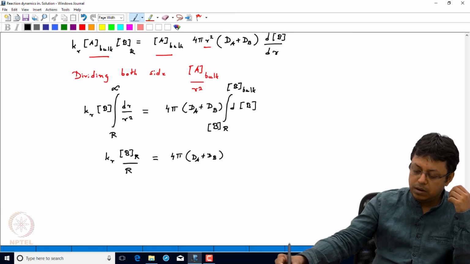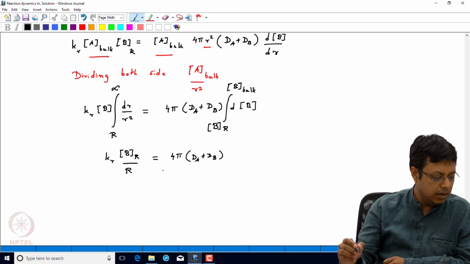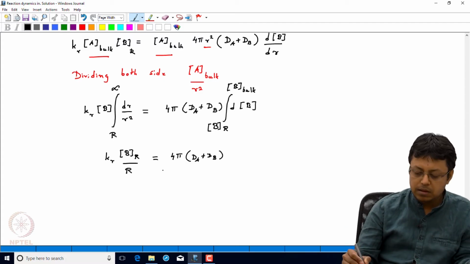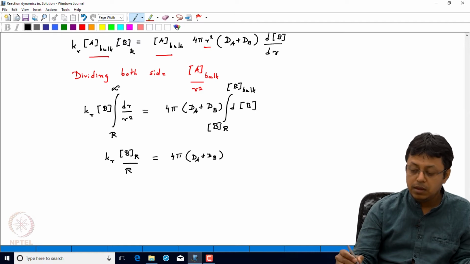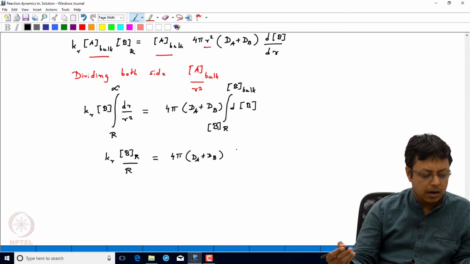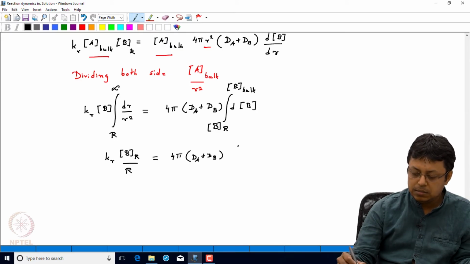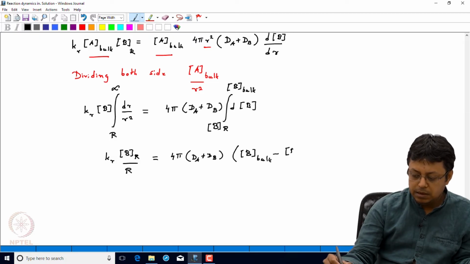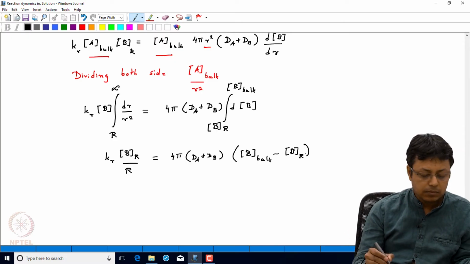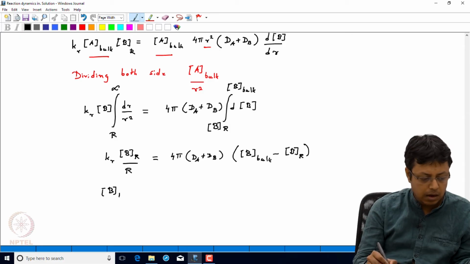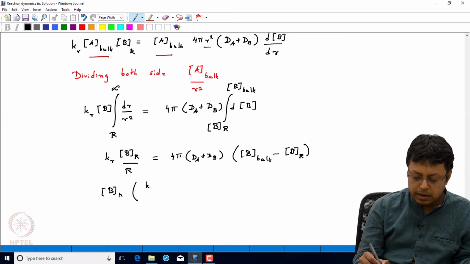So what we are doing here is 4 pi dA plus dB, and then this right hand side integration is very straightforward. It is basically b at r equal to infinity minus b at r equal to r. That we already said is basically b bulk minus b r. Now this b r we can take common, and we can write b r into k r, k suffix r.